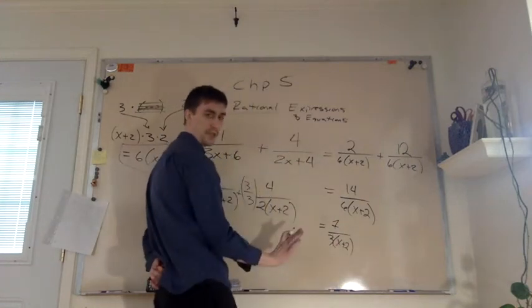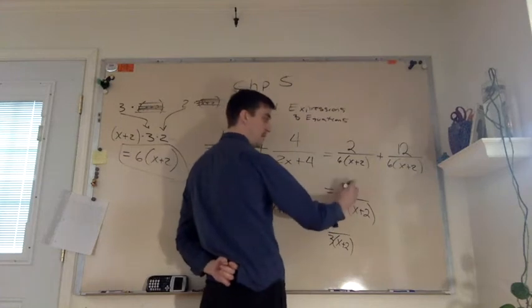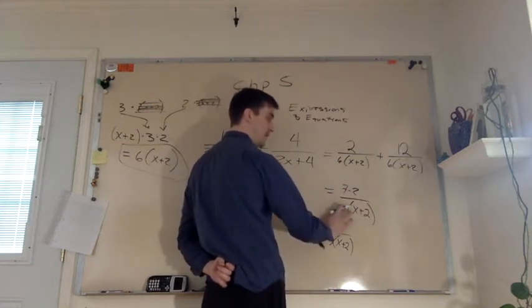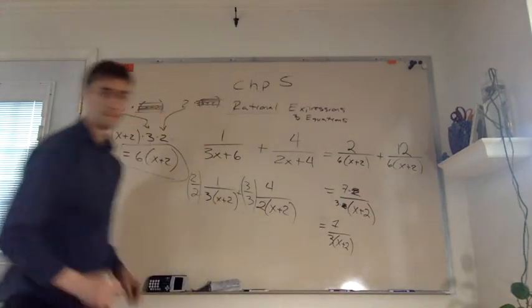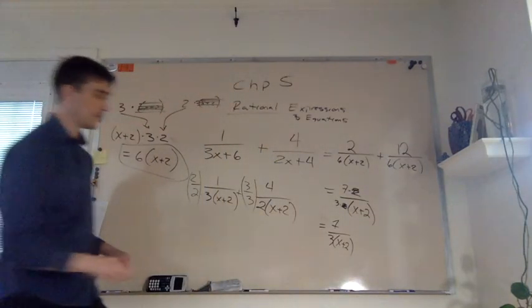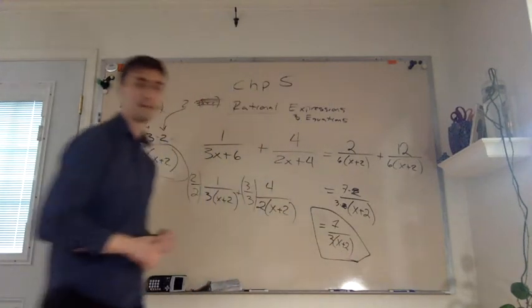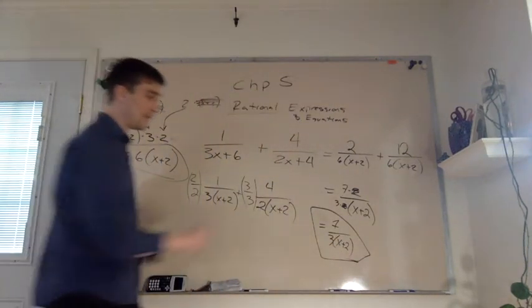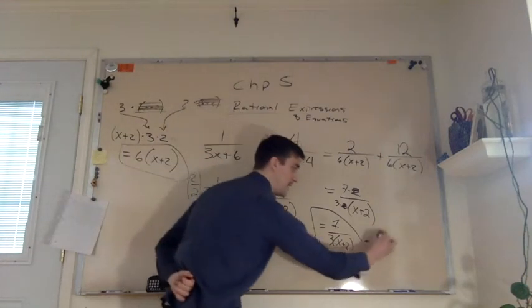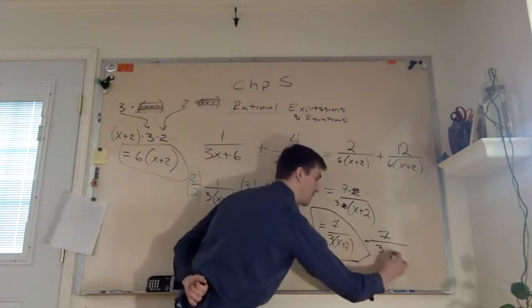Just to further explain that, 14 can be written as 7 times 2, and 6 can be written as 3 times 2, and you can get rid of these 2's. So this is your final answer: 7 divided by 3 times x plus 2. Which, if you want to, is totally fine to write as 7 divided by 3x plus 6.